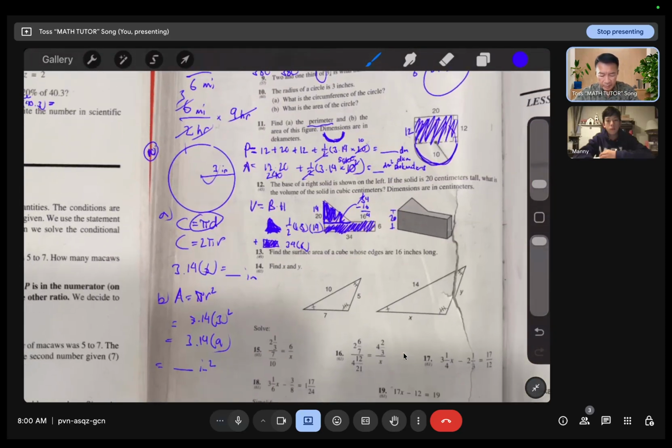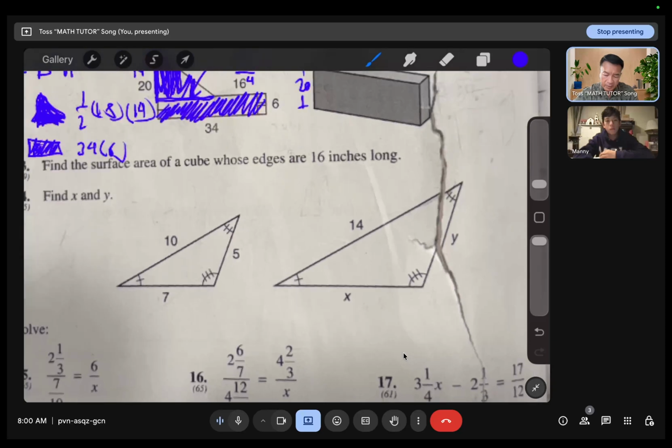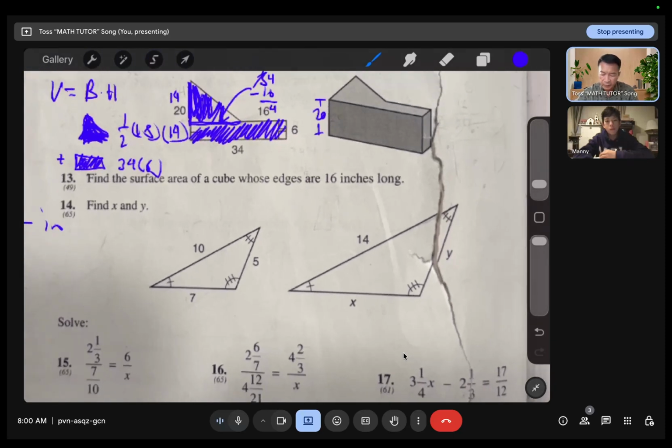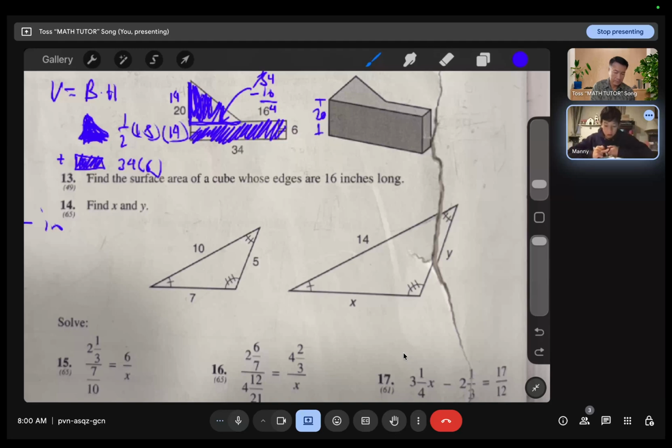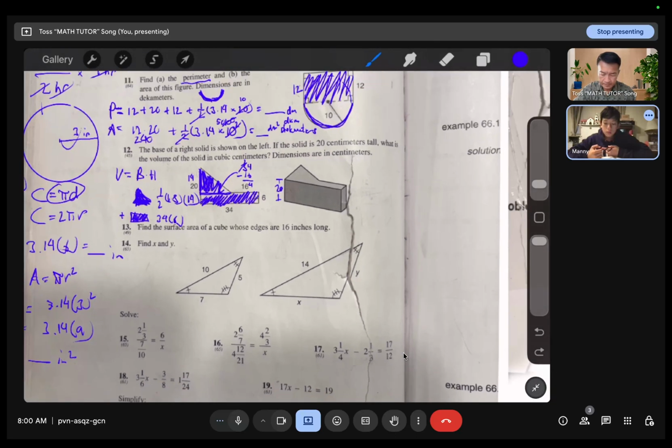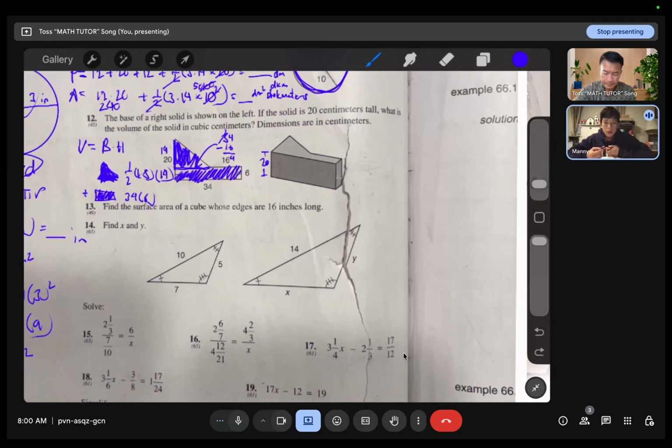Now this concept, I think you guys already covered this, but tell me how to set up number 14, the last one. You've got to do X and Y. So it's 10 over 14.